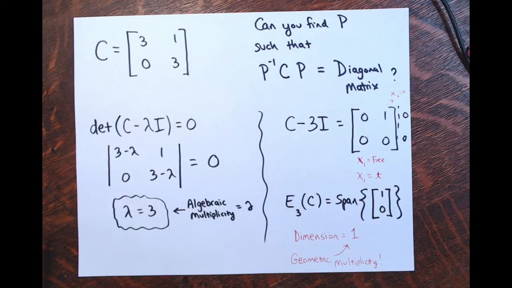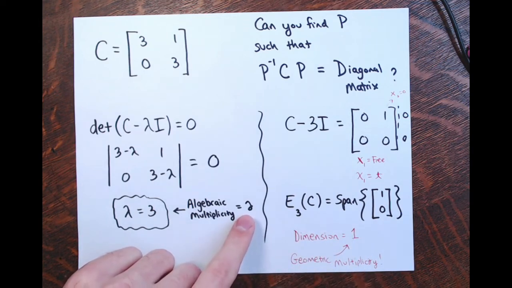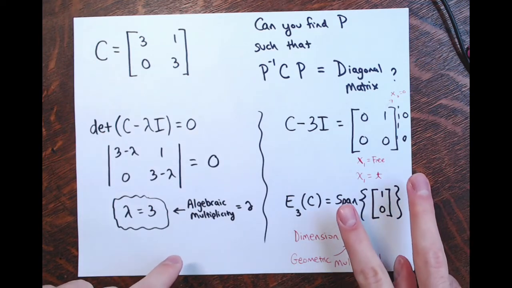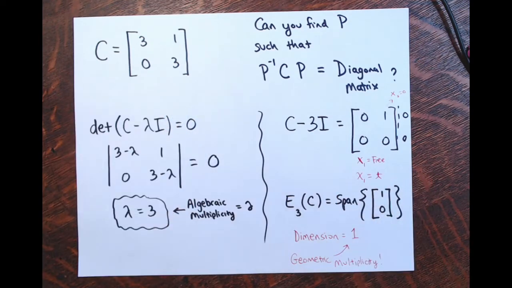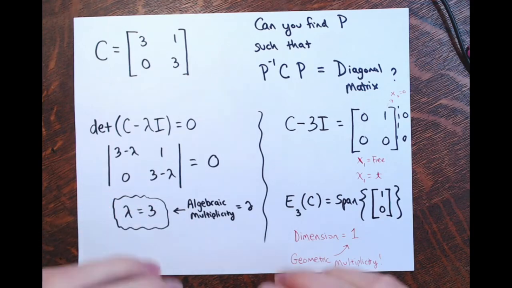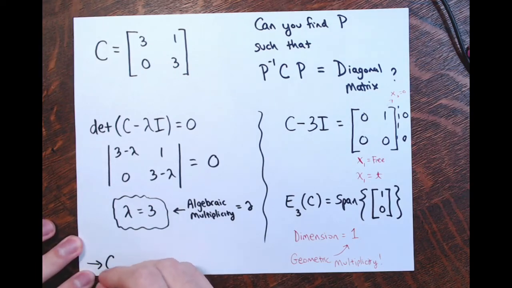And what are you noticing? Well, the algebraic multiplicity was 2, but I could only find one independent eigenvector, not 2. And since I can't find 2, and this is a 2 by 2 matrix, and I've exhausted all the eigenvalues, this matrix is not diagonalizable.